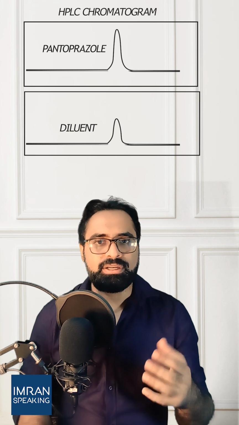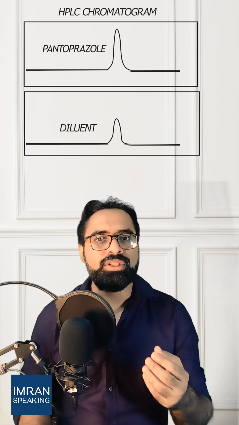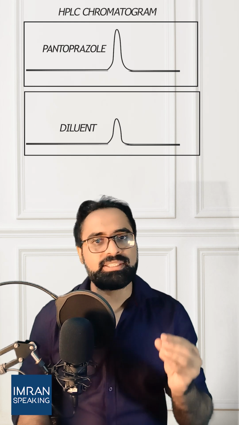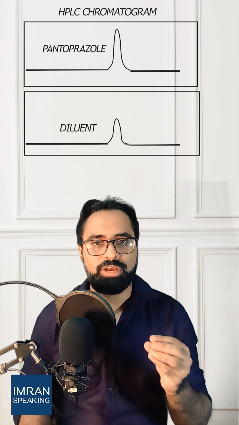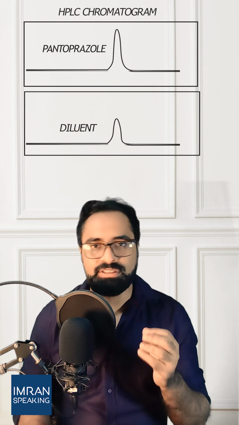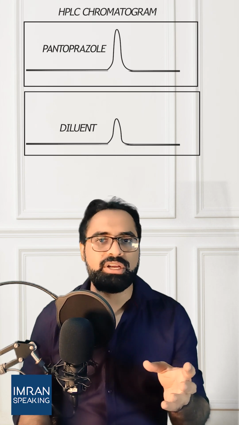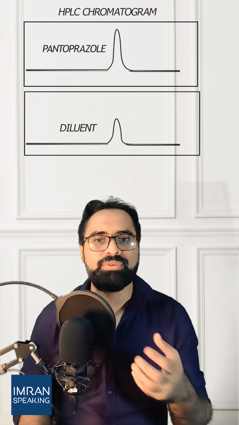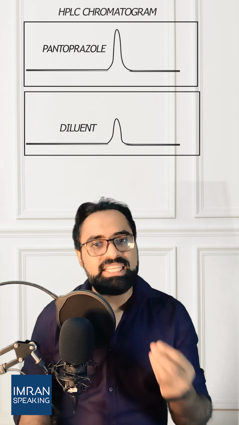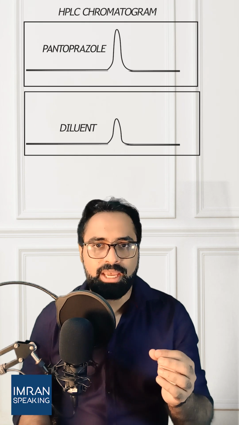If the sample does not contain the target analyte, that is pantoprazole, it will still show a peak at the exact retention time pantoprazole should have come, thus ending in a false positive result. This is devastating, as the patient may not get any required drug at all due to this false positive result. So, it is seriously important to ensure the response is coming from the analyte peak and not from any other source.